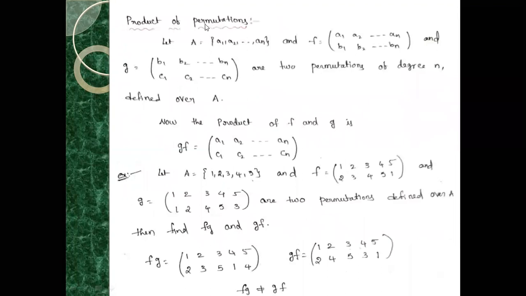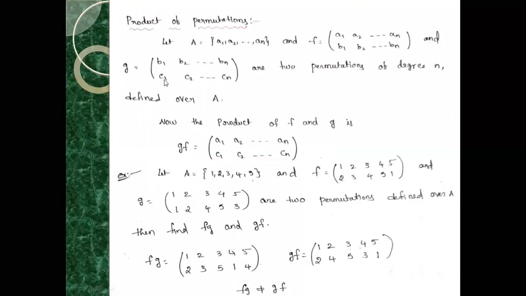Next one, product of permutations. Let A be the given set A1, A2 and so on An, and F be the permutation with A1, A2 and so on An and their images: A1 image is B1, A2 image is B2 and so on An to Bn.